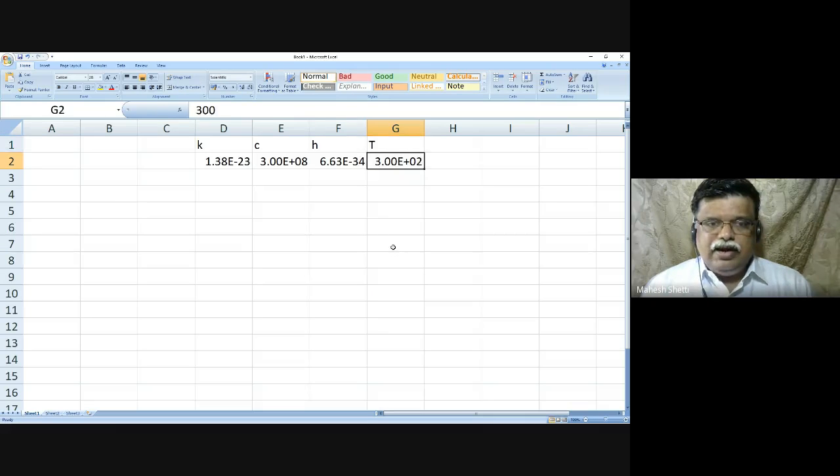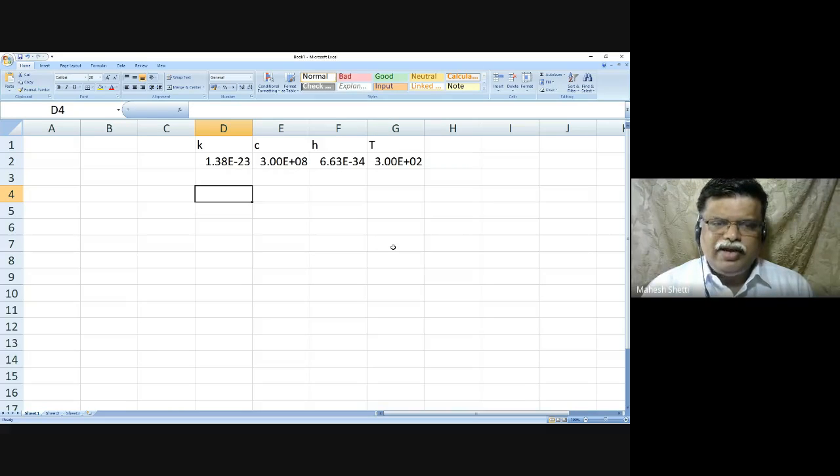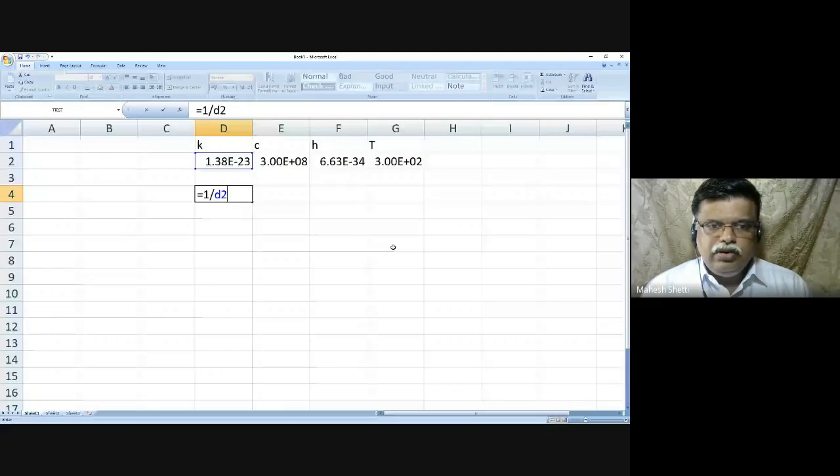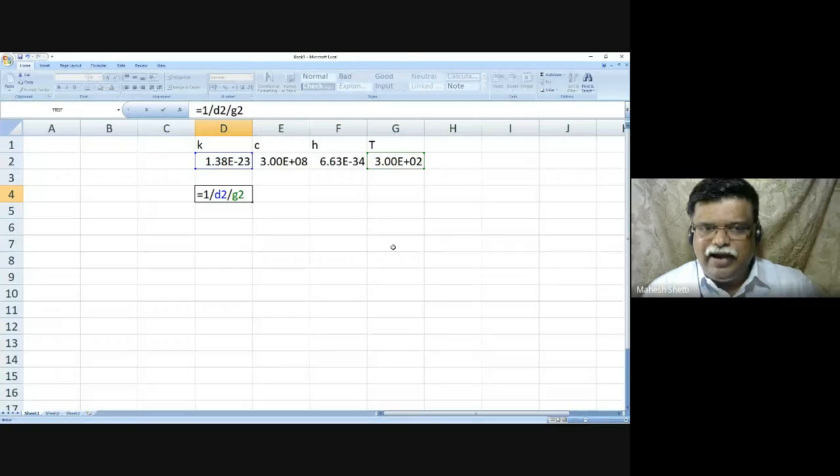Now I know that k is written in some cell, say D2, and T is written in G2, and I want kT, or sorry, I want say 1 by kT. Then what I will do is 1 divided by, I have to write D2 divided by G2. Now keep in mind that I have not put brackets over here. So what happens is, when I calculate 1 divided by D2, I get 1 by k.